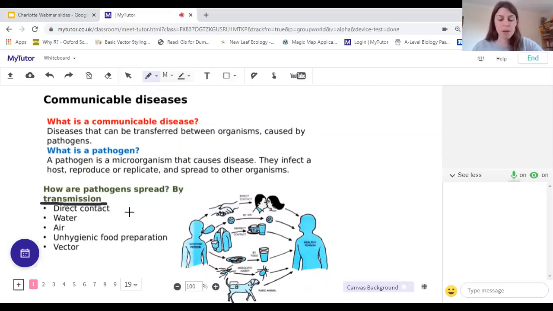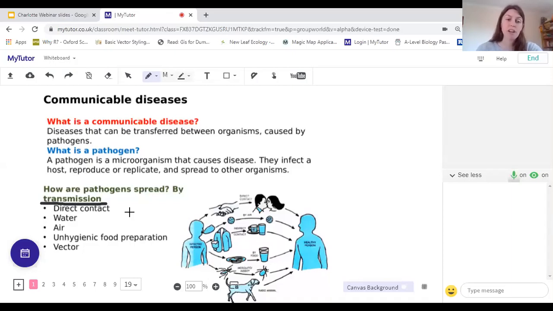A lot of the things that we're being prevented from doing at the moment are to do with preventing the pathogen, the virus that is causing coronavirus. By water, so there are some diseases such as cholera that are spread by dirty water. Air, so that can be through the air itself or through water droplets that pass through air. For example, sneezing on someone when you have a cold passes the cold virus on through the droplets in the air.